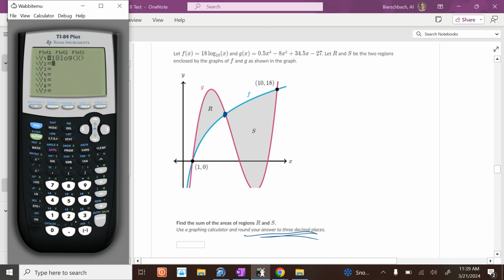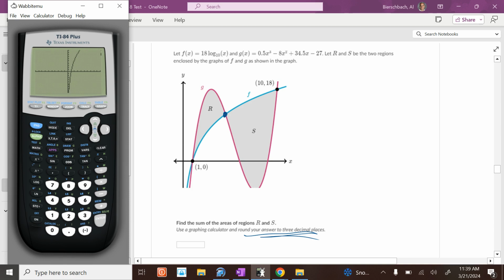The other one is 0.5 x raised to the third minus 8x squared plus 34.5x minus 27. Graph it.